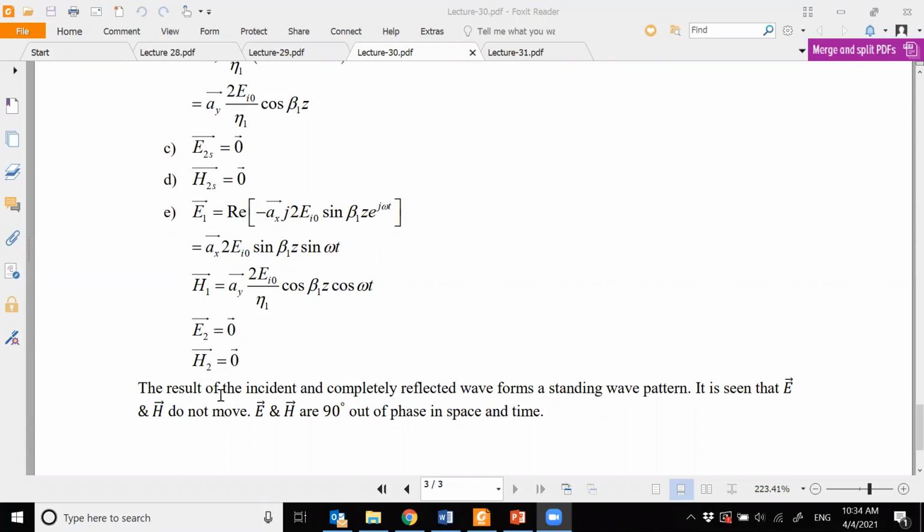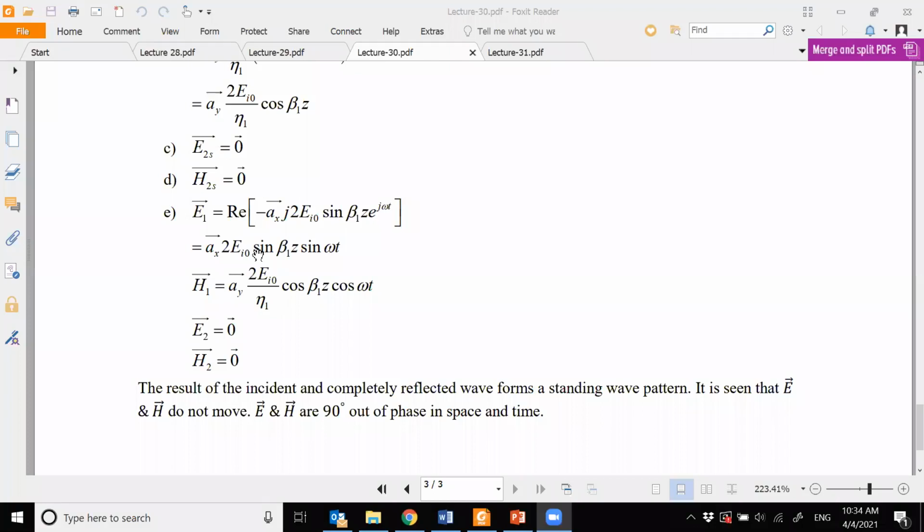So now when you look at this, you see that the result of the incident and the completely reflected wave forms a standing wave pattern. If you see this in a video, you will see that the superposition of the electric fields, or the superposed magnetic field, will form a sine wave standing pattern, as if the electric field is just dancing.